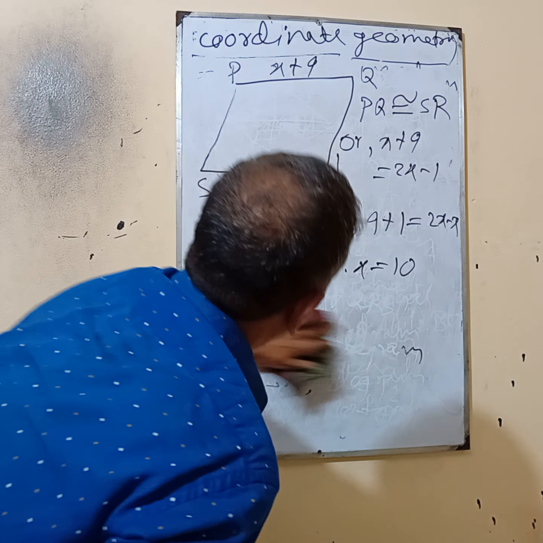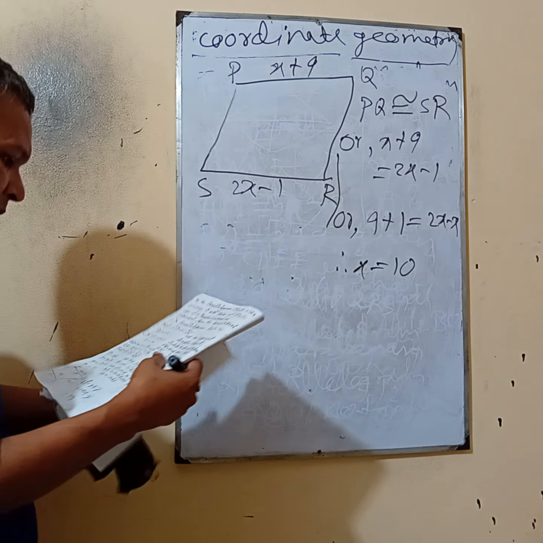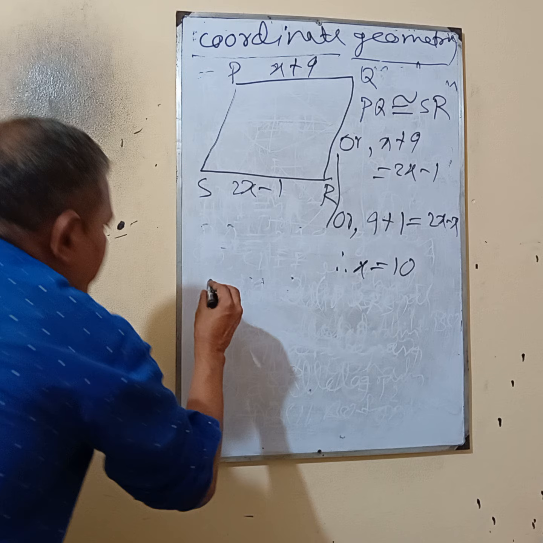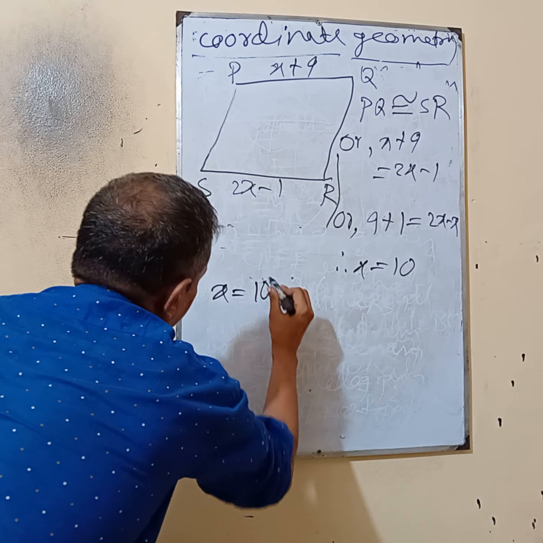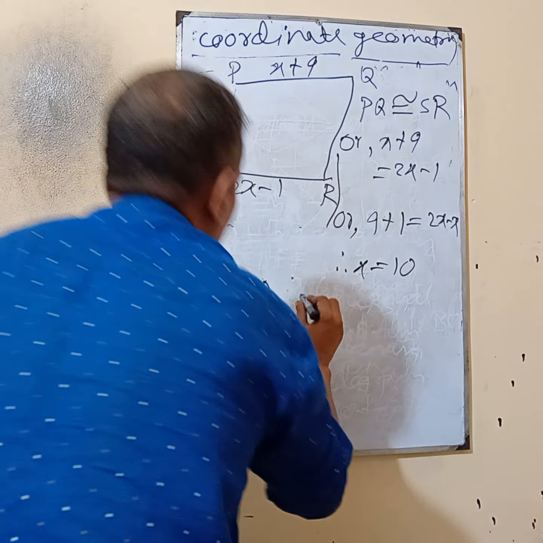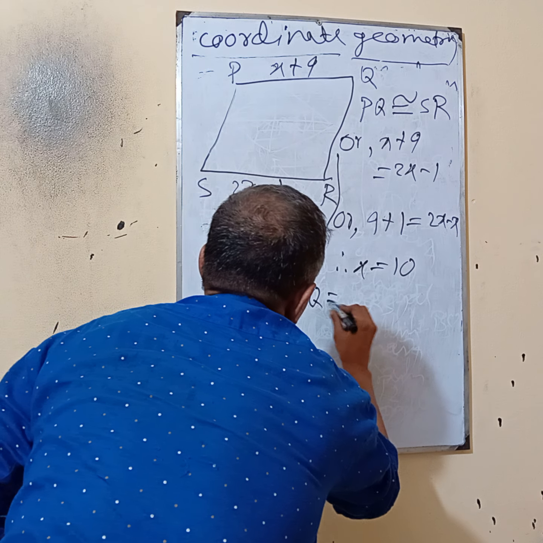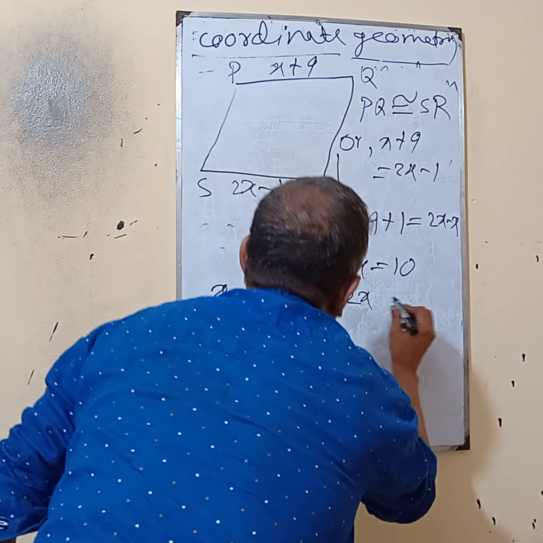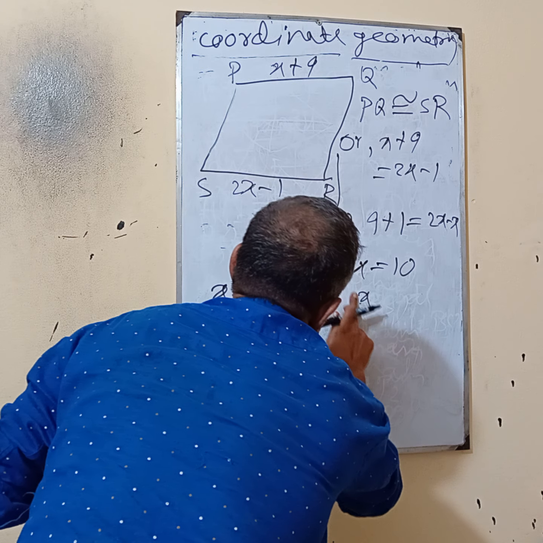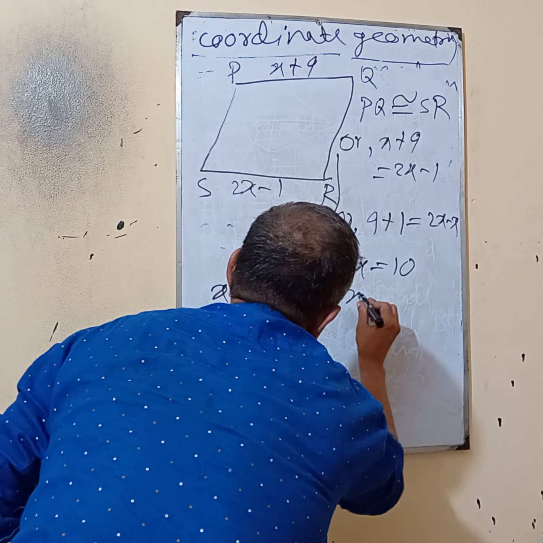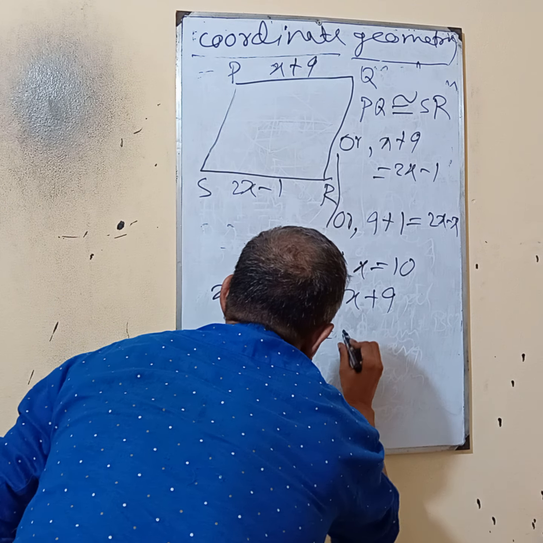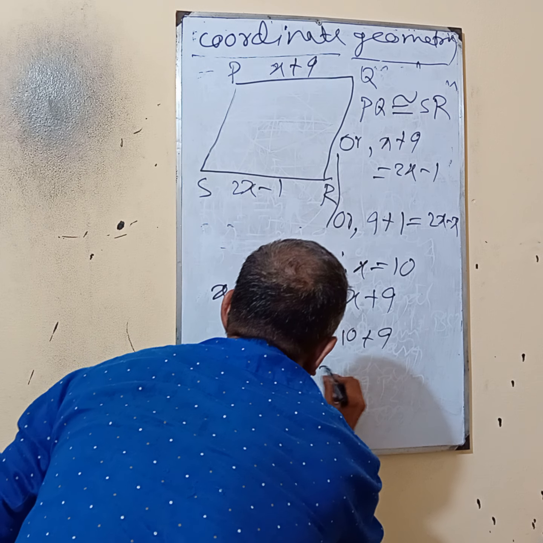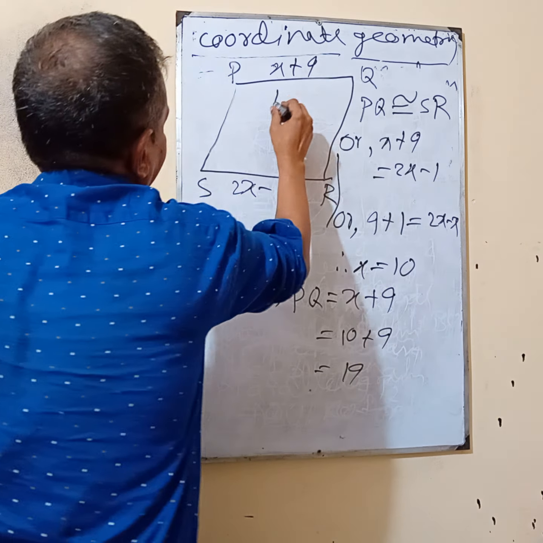So when x is equal to 10, PQ is equal to what? PQ is x plus 9. 10 plus 9 is equal to 19. So PQ is 19.